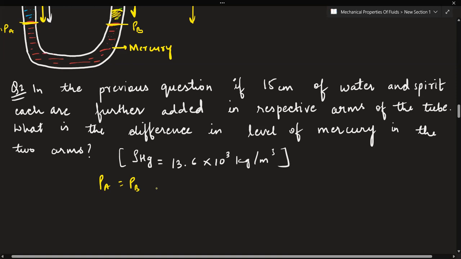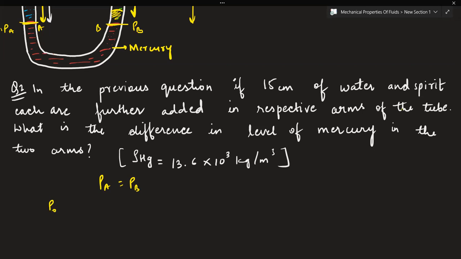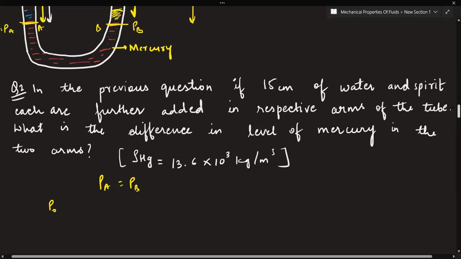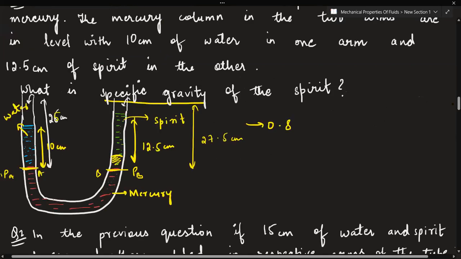PA is equal to PB because A and B are at the same level. This is point A. Let's take this point as B. A and B are in the same level. Now see what will happen is that let us take atmospheric pressure also, P naught, for this column. This water column. Yeah, ma'am.